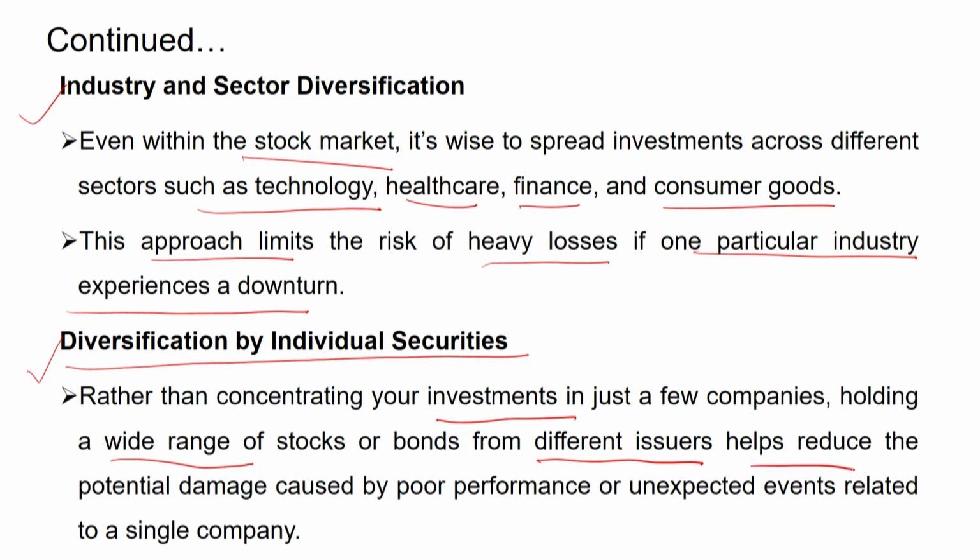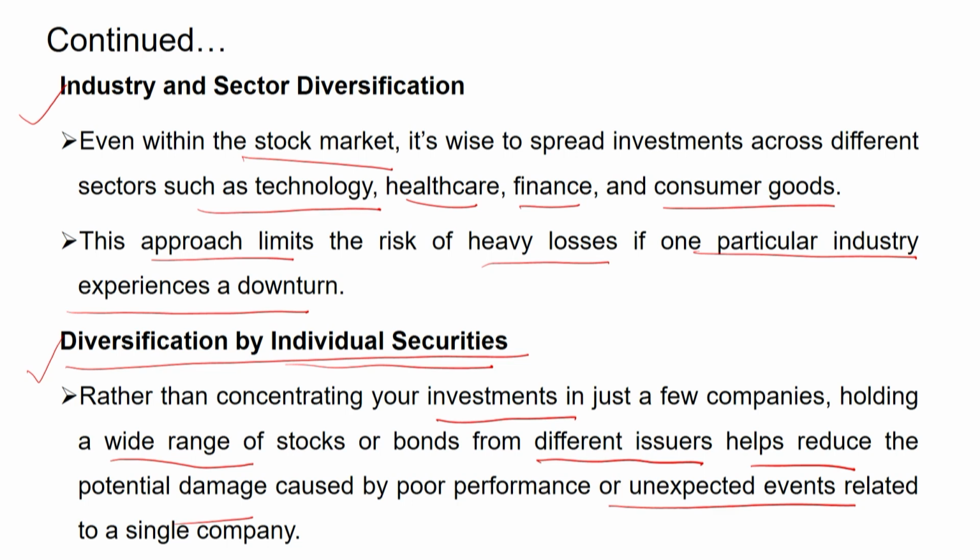This will help us to reduce the potential damage that may be caused by the poor performance or unexpected events related to a single company or single type of stock or bond in which we are investing our money. So, instead of putting all your money into the same basket, we can diversify our risk by investing into the securities of different companies and different asset classes of the market.